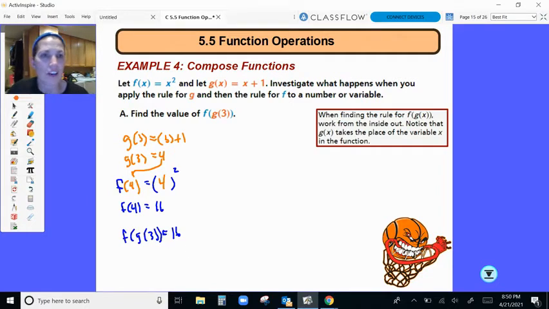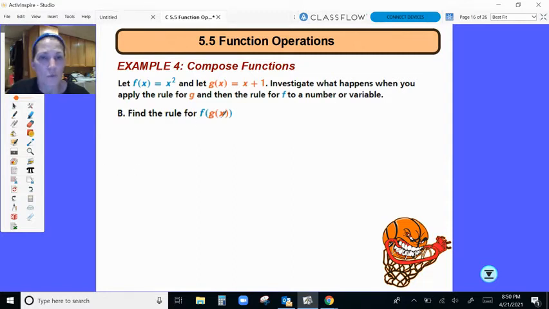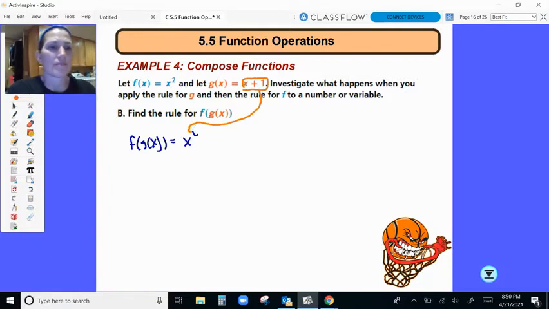Now what happens if we just write the rule for f of g of x? We don't plug in a number, we just want x. So f of g of x equals x squared, and now we take this entire x plus 1 and substitute it in for this x.